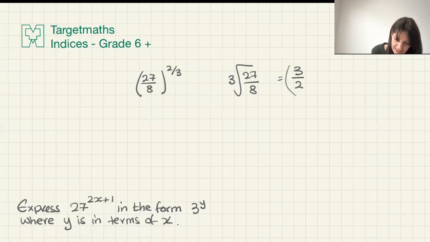Then you're going to raise this to the power of 2. 3 squared is 9, and 2 squared is 4, and that would be your final answer there. So you are treating the denominator and numerator in exactly the same way. They have the same thing acting on them from what's going on outside.